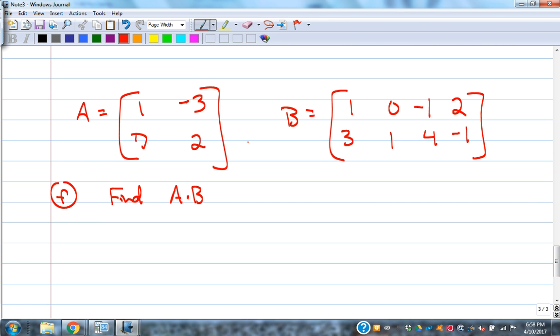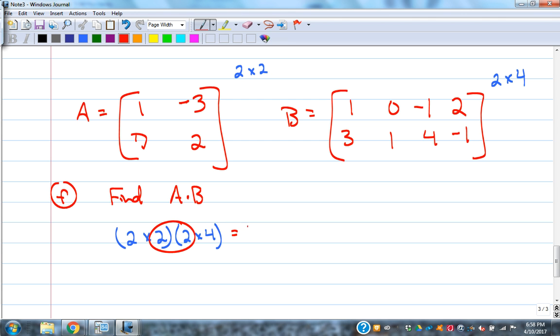All right. What size is matrix A? 2 by 2. What size is matrix B? 2 by 4. Is a 2 by 2 times a 2 by 4 legal? Numbers in the middle match.